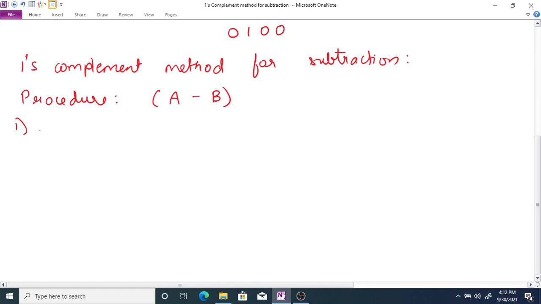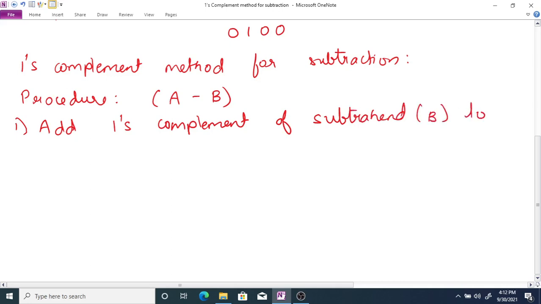So, first step will be add ones complement of subtrahend, that is b, to minuend, that is a.